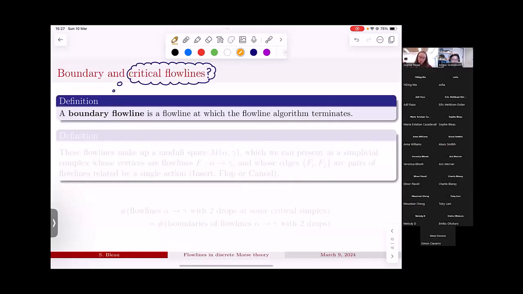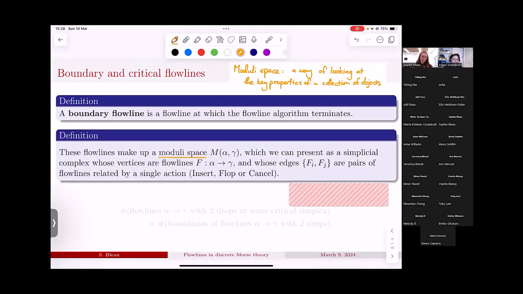So if we terminate at boundary flow lines, as I was saying before, all we can do when we get to a critical flow line is flop. This kind of restriction makes us think maybe it terminates exactly at critical flow lines. And to give us an idea of why that might happen, let's look at the moduli space of flow lines.